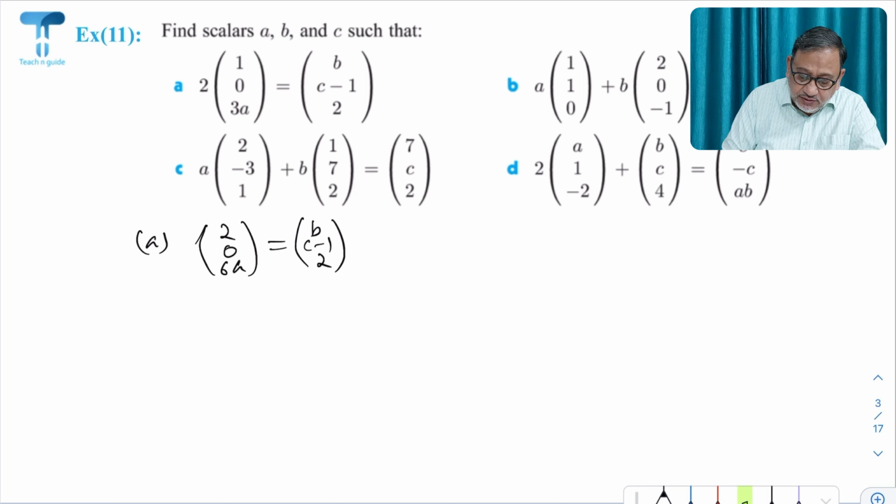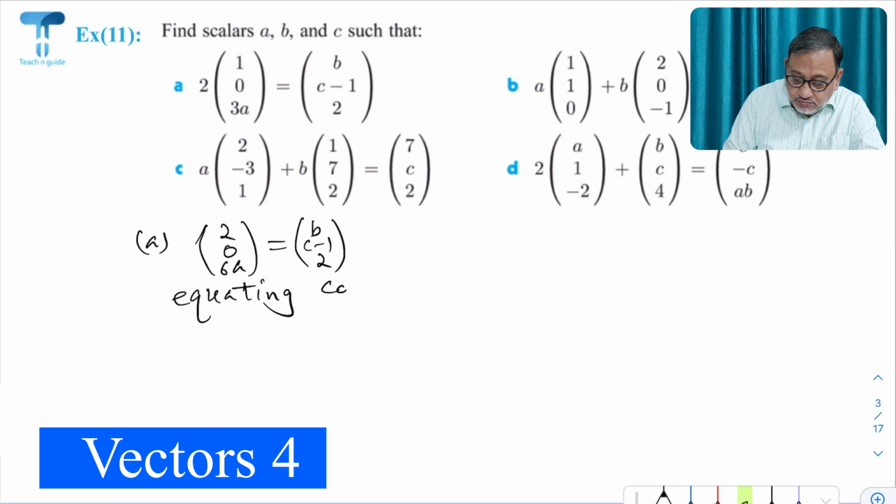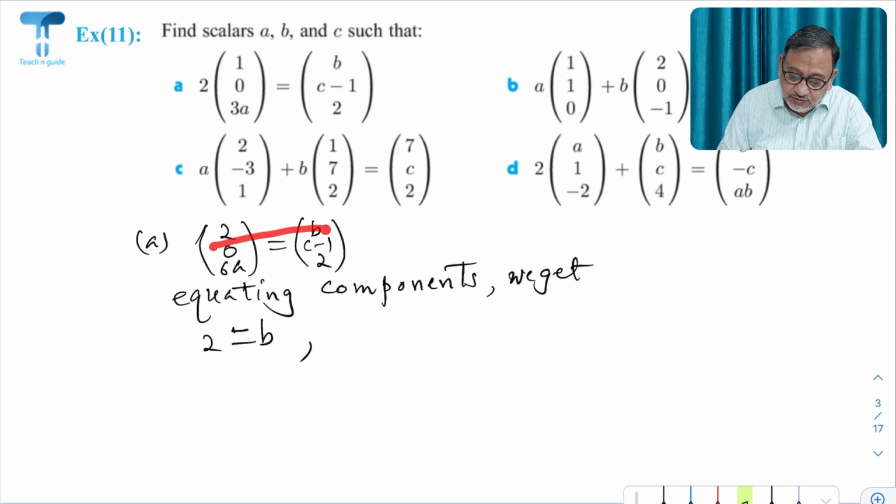So equating components, I will equate x component to x component. So 2 is equal to B. Then y component is equal to y component. So 0 is equal to C minus 1. And z component is equal to z component. 6A is equal to 2.